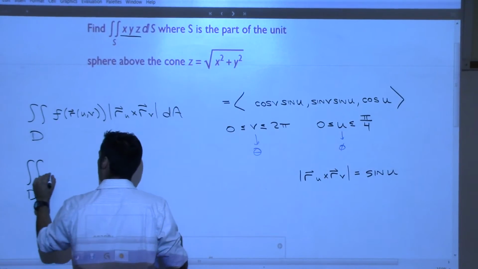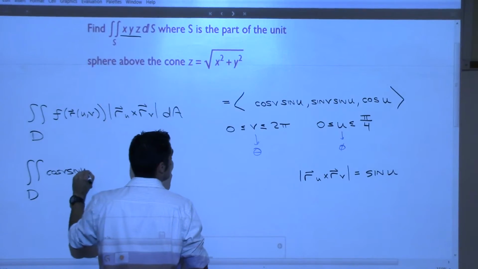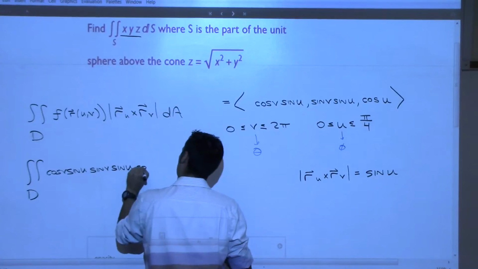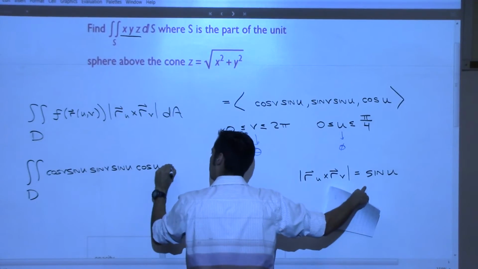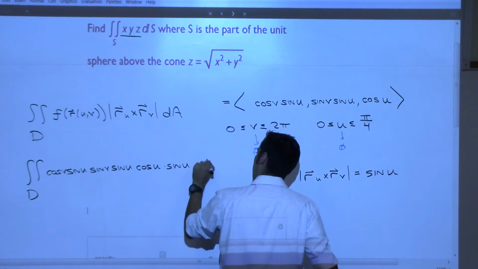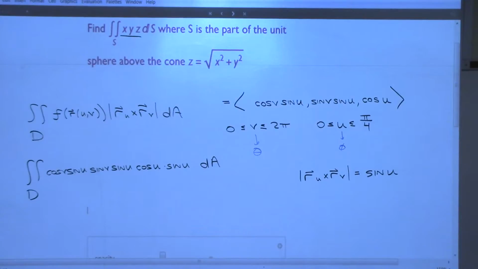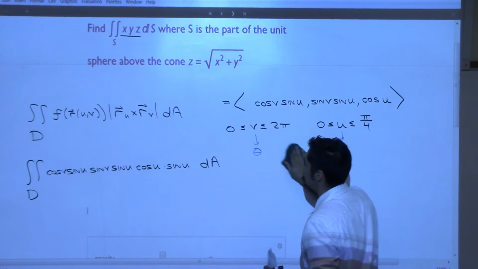So I have cosine v sine u, sine v sine u, cosine u, that's x, y, z, then sine u, then dA. And we can combine things together, right? Do I have any questions?